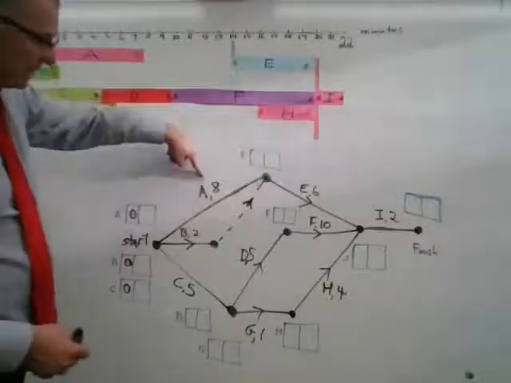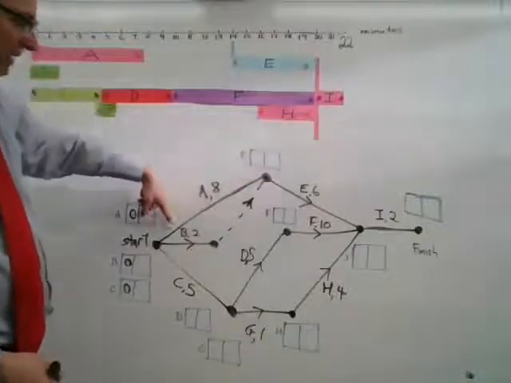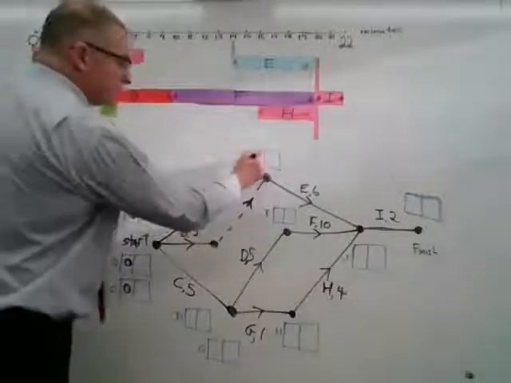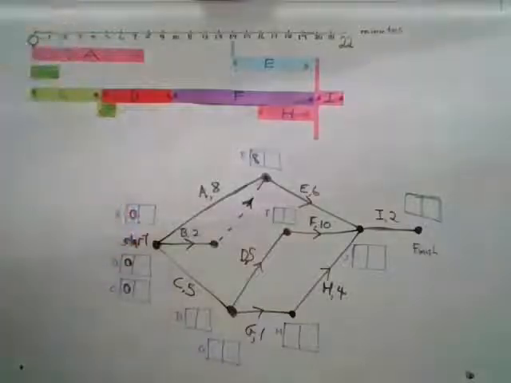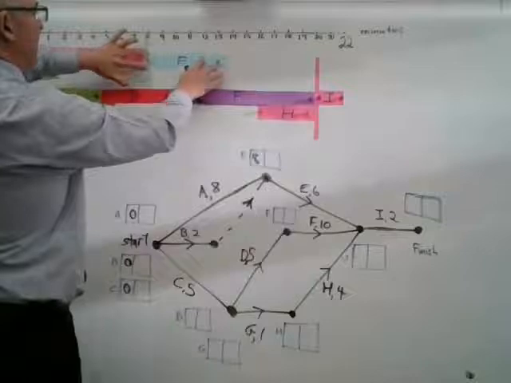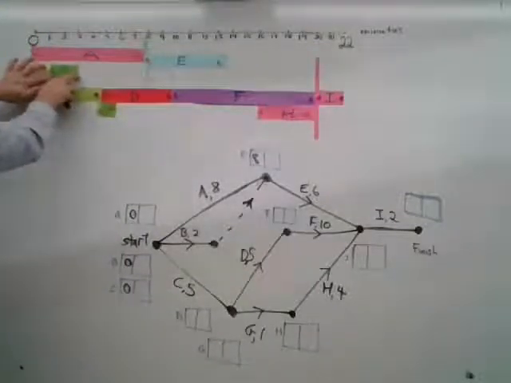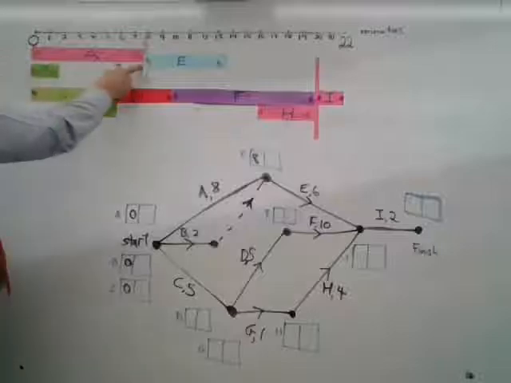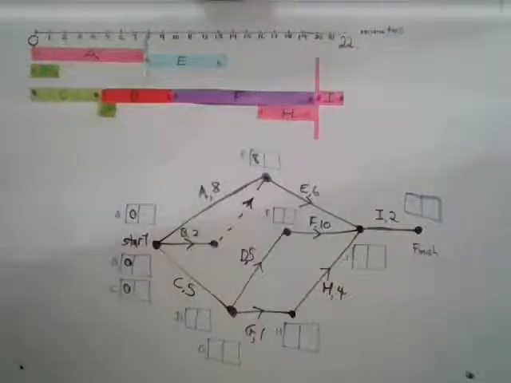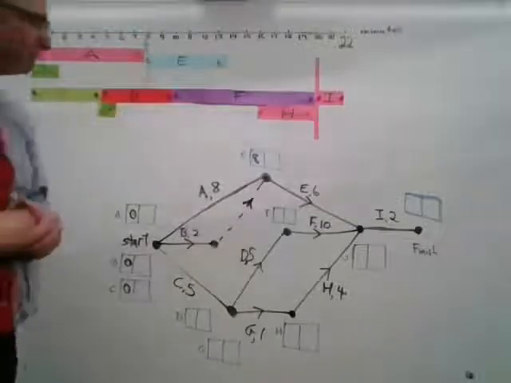Now, activity A takes 8 minutes, so activity E has to wait until activity A happens. So it's going to have to start at the earliest 8 minutes later. If activity B happens, it can happen anywhere in this range, but activity E has to wait for activity A. So the earliest activity E can start is at the 8-minute mark.